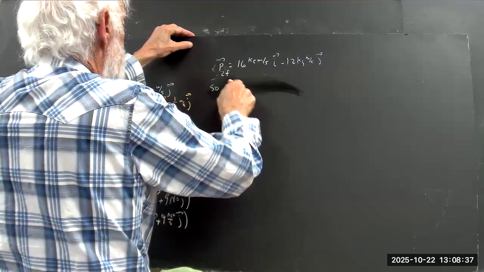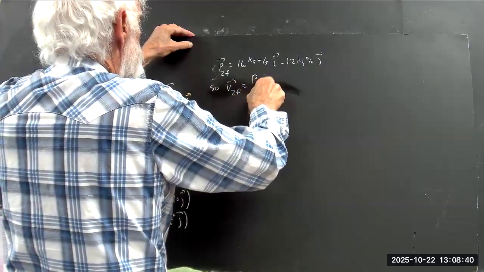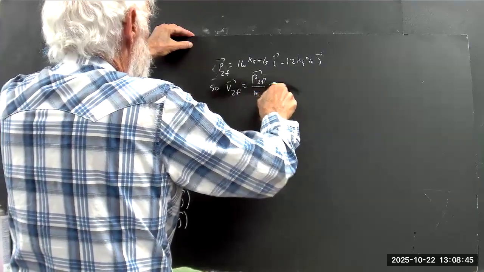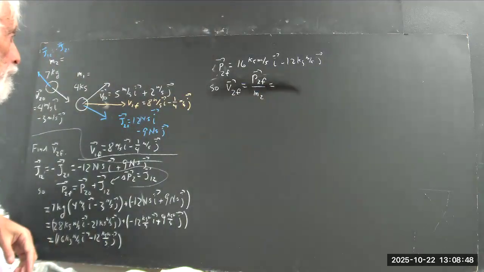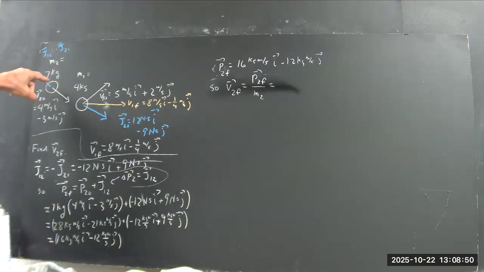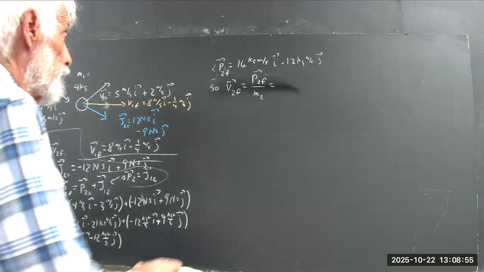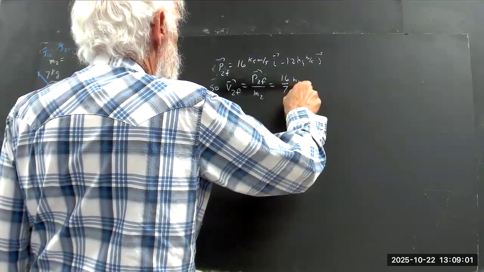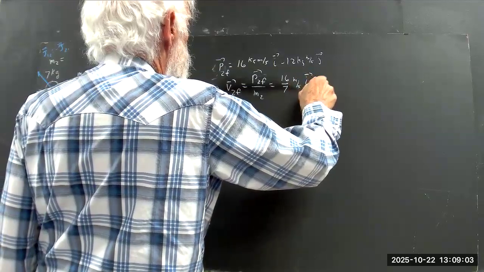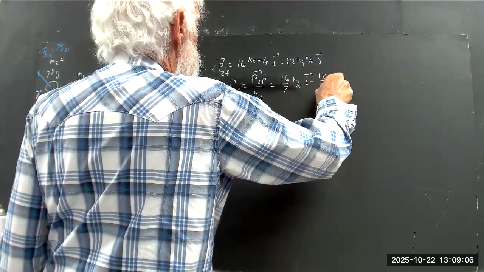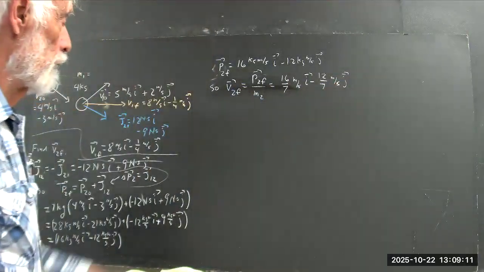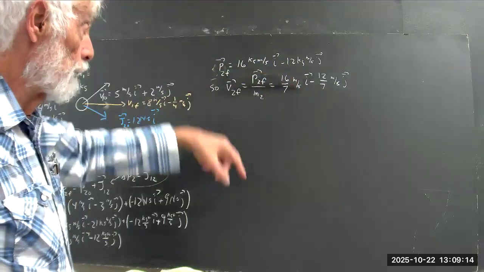So V2F is P2F over mass M2, which means I'm going to divide this by the 7 kilogram mass. Okay. When I do that, each term is going to be divided by 7 kilograms.